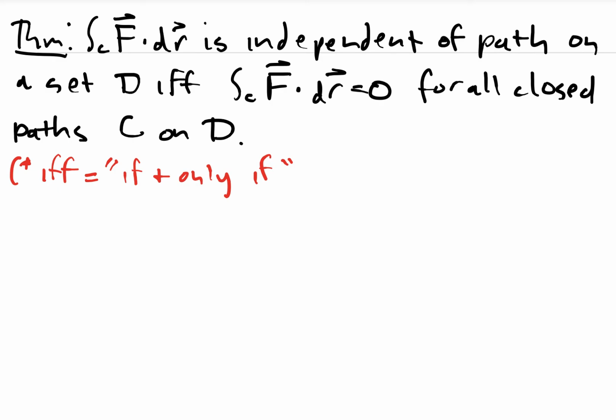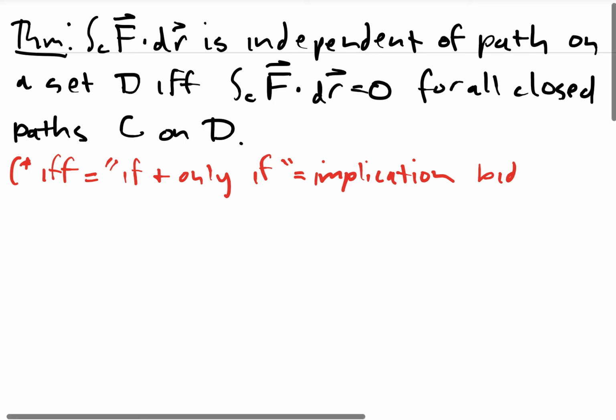And what I mean by that is that this implication is bidirectional. That also means that the implication works the other way around. So if you start out knowing that you've got this integral coming out to 0 for all of the closed paths on a set, that means that you also know that this is independent of path.